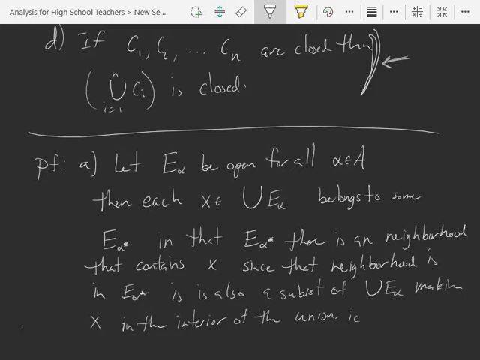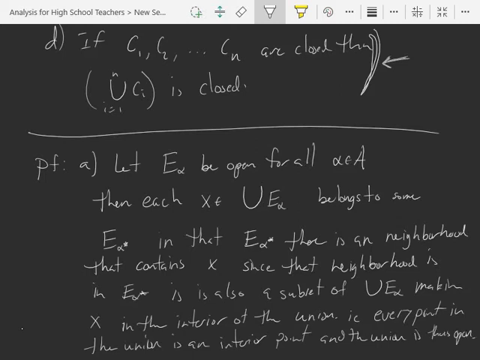So, i.e., every point in the union is an interior point, and the union is thus open. Okay, so that's A.